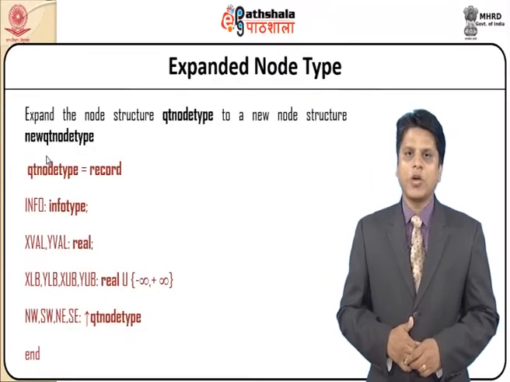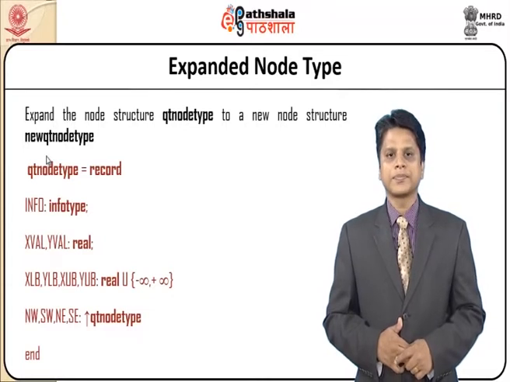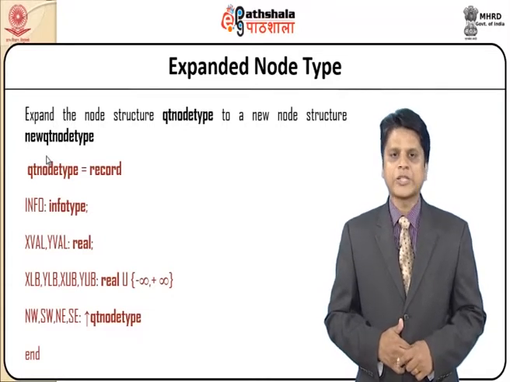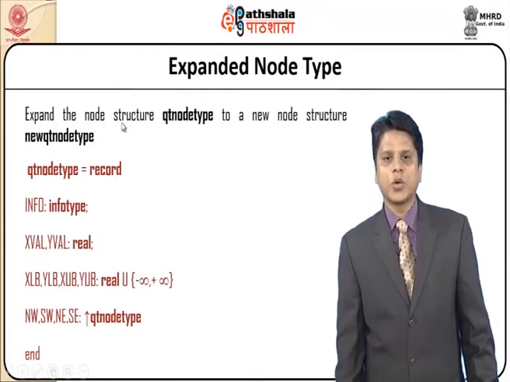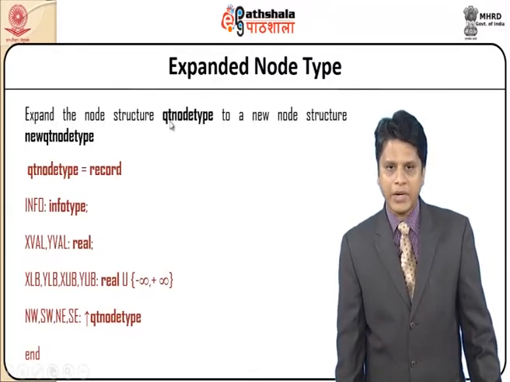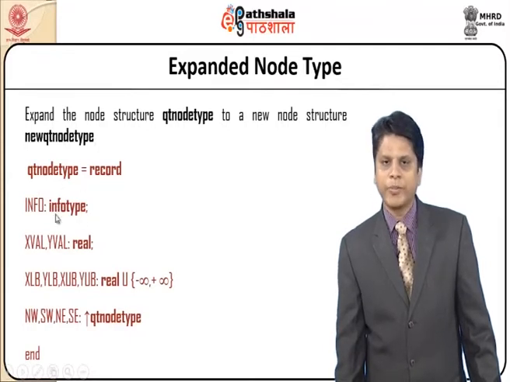So, to define the node type of MX quad trees, the node structure of the MX quad tree will be something like this. We expand the node structure of quad tree node type to a new node structure, new quad tree node type, where quad tree node type is a record: information as info type, X value and Y value are real.